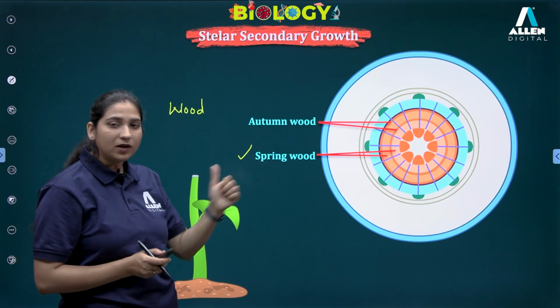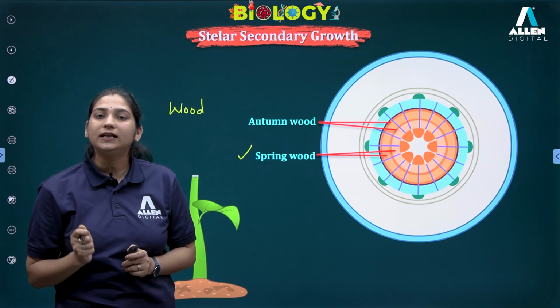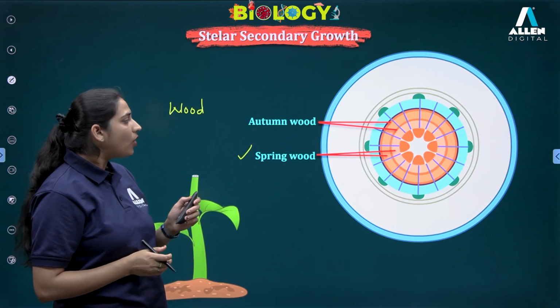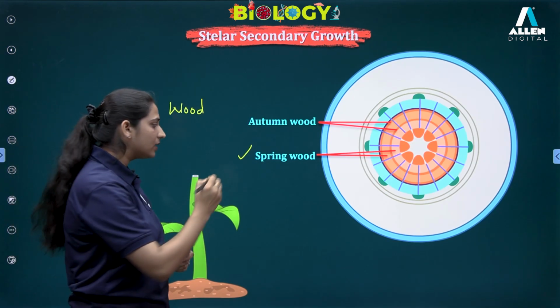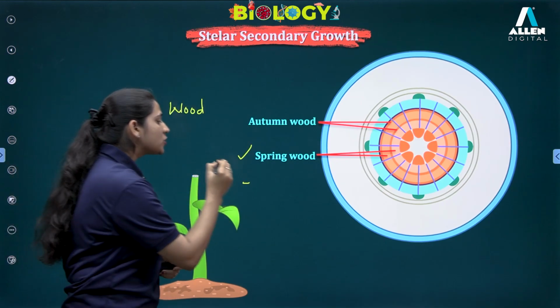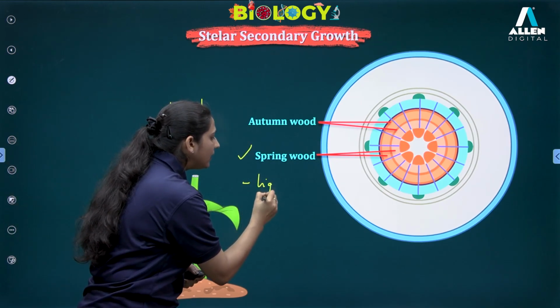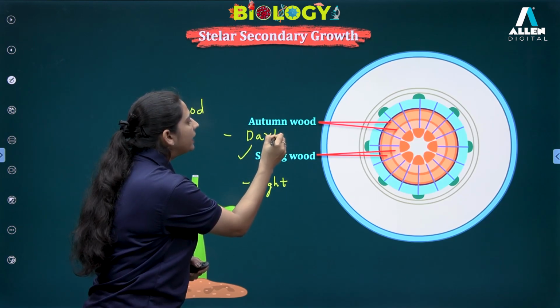So the spring wood has less density and is lighter in color, whereas the autumn wood has a high density and is dark in color. So how to differentiate between spring wood and autumn wood? Spring wood will be light in color and autumn wood will be dark in color.